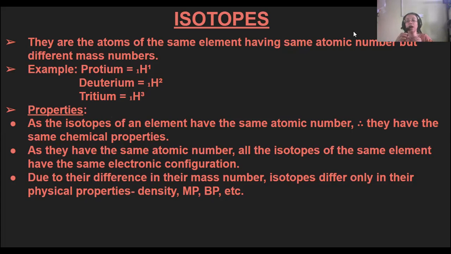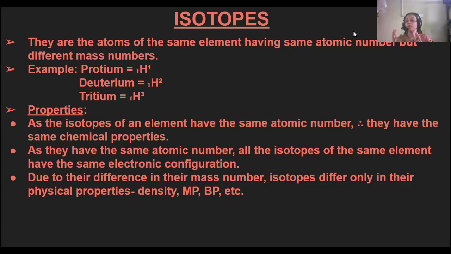As they have the same atomic number, all the isotopes of the same element have the same electronic configuration, because atomic number is equal to the number of protons or the number of electrons. So as the atomic number is the same, the number of protons and electrons are also the same.